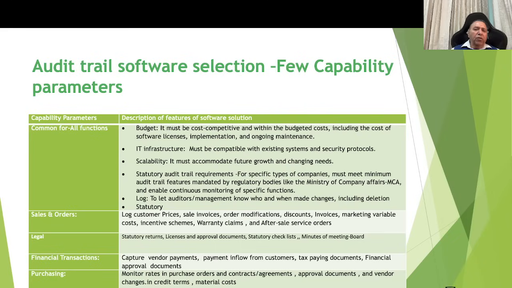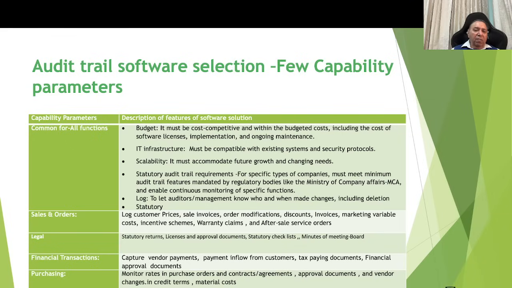Now these are just a few examples, and one can have hundreds and hundreds of other types of important business-specific aspects which need to be included in each function. For example, in the financial transactions, the software must be able to capture the changes made to the vendor payments, payment inflows from the customers, tax paying documents, any changes made, financial approval documents like authority norms, etc.